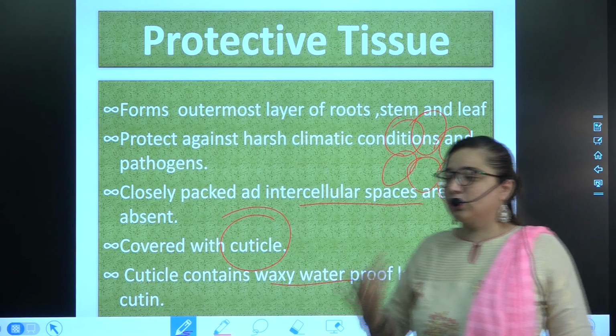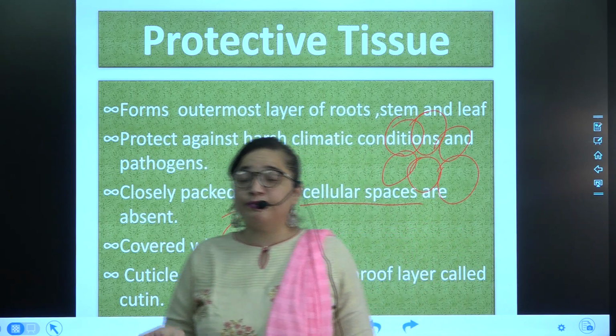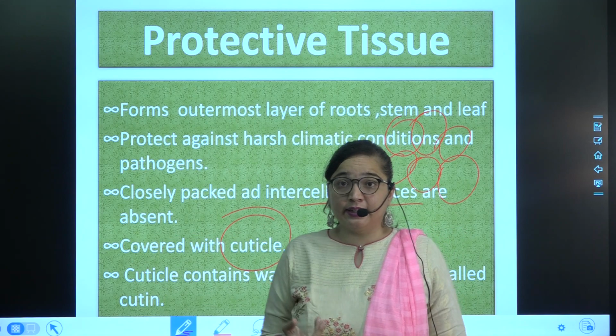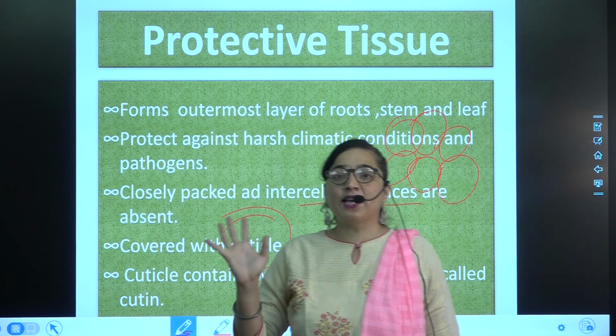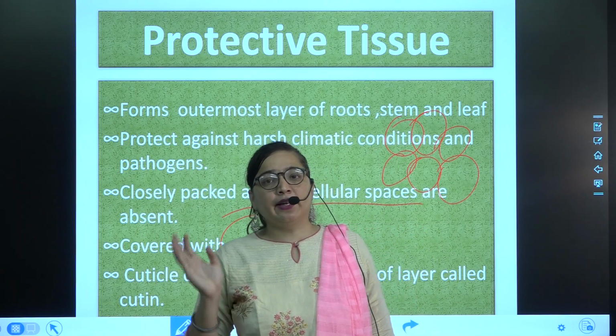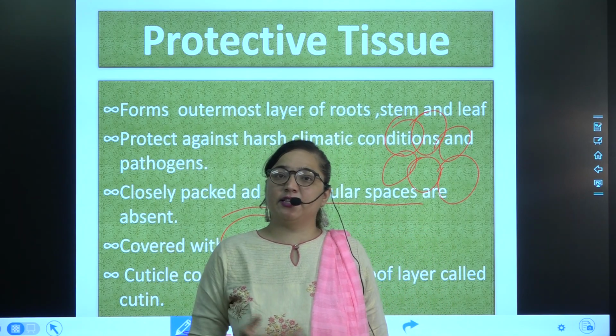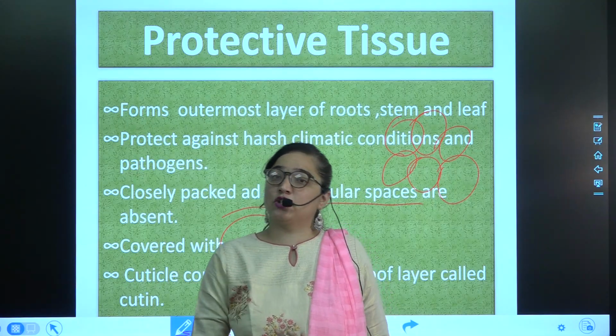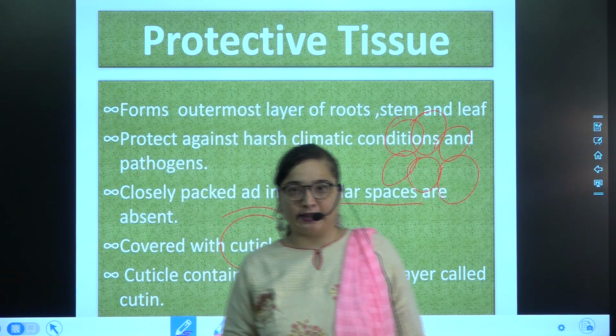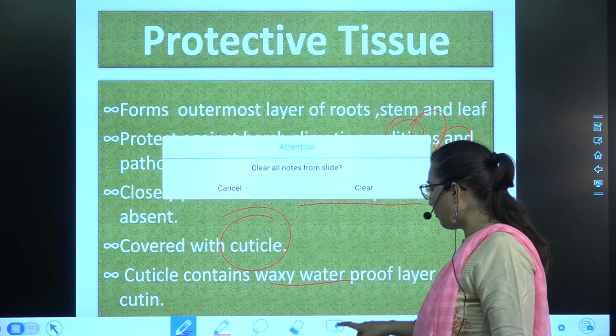So what are cutin, suberin and lignin? They are names of materials. Something has a particular name, and we accept that name. In the same way, if that waxy layer is called cutin, we need to remember it by that name. There is nothing more about it.